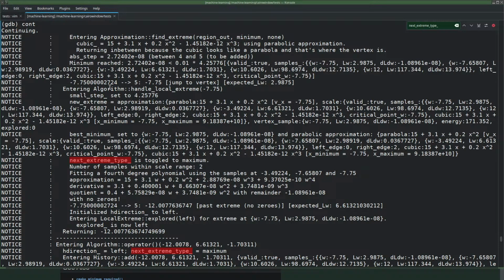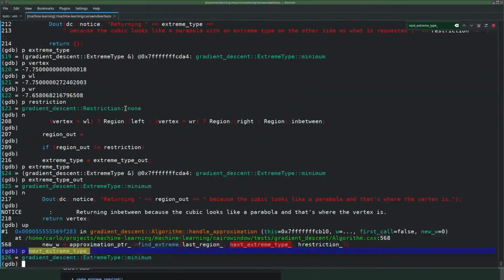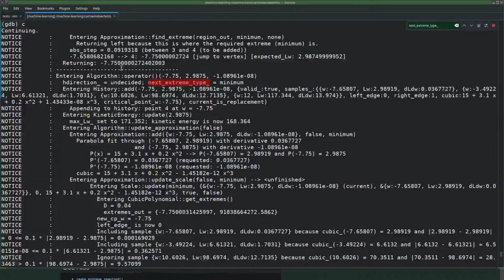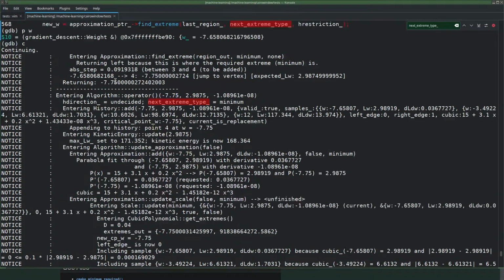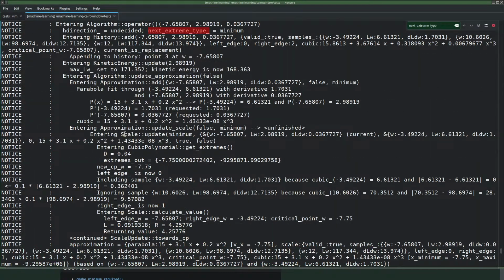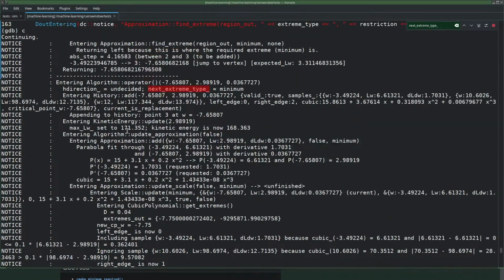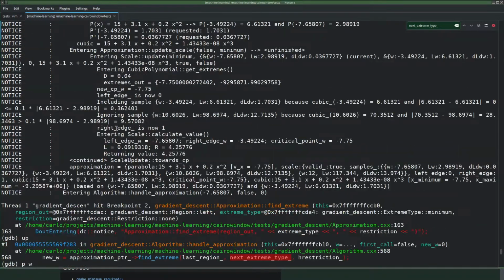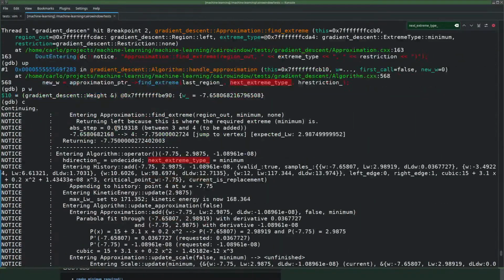So that should happen in handle local extreme minus 7.75. I don't see it.